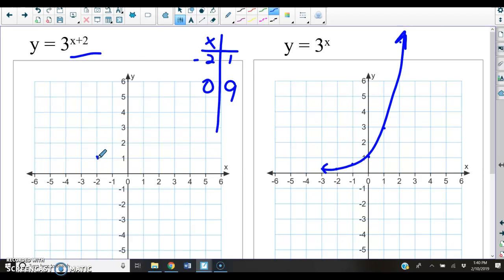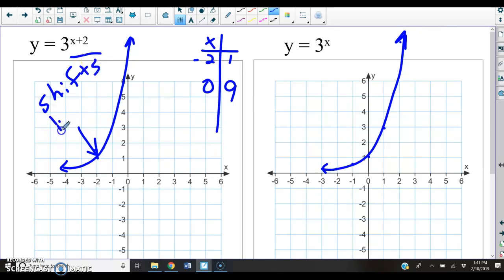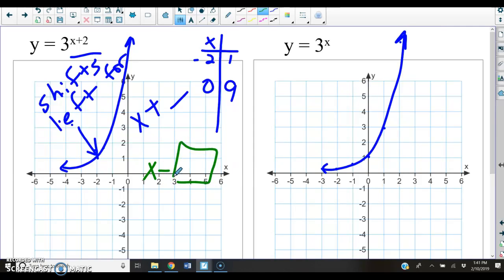Okay, so 0, 9 would be up here. What did that do? Well, what it does is it shifts left for x plus whatever number. What do you suppose x minus some number is going to do? And some of you already have figured out that's going to shift it right.